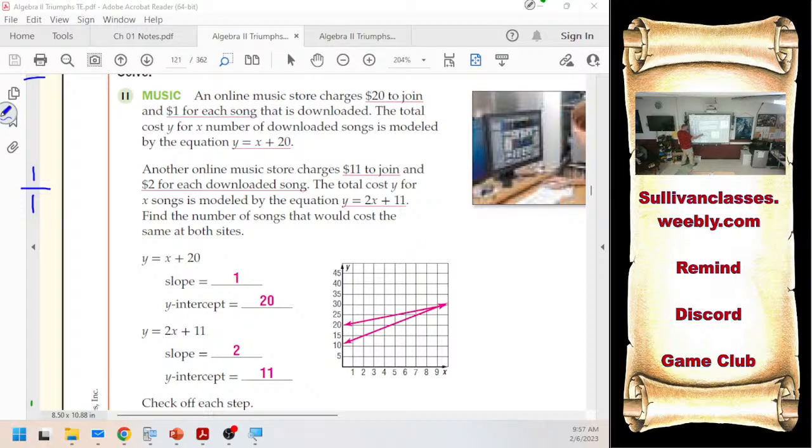So, like this one, I know I start at 20. But then I'm not sure what to do after that because it's a slope of 1 and the scale goes by 5s. So how about I say, all right, what if I just go up 5 instead? How far over do I go?